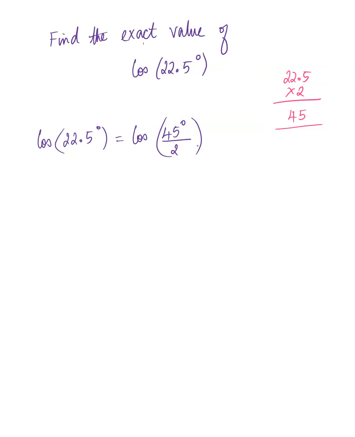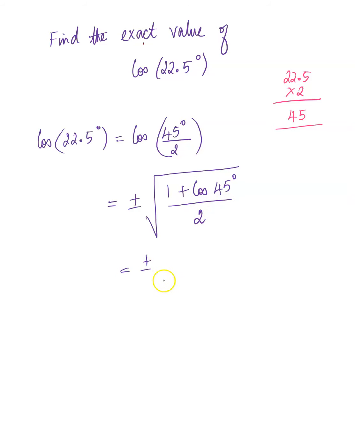Because we wanted to know what it's half of, and we found that by multiplying the given angle by 2, and we got it as half of 45 degrees. So then we could use the half angle formula for cosine, and that says plus or minus square root of 1 plus cosine 45 degrees, so it's just the alpha over 2.